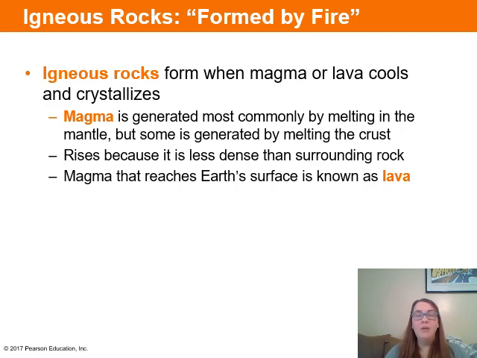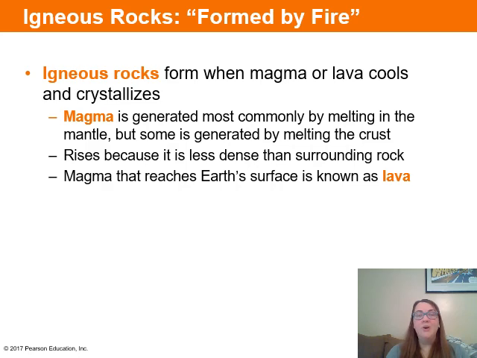So here there's going to be a big differentiation between lava and magma. Both of them are molten rock material, just rocks that have been melted down. But magma is going to be this melted material as long as it's still inside of the Earth. Lava is going to be magma that's reached the Earth's surface.